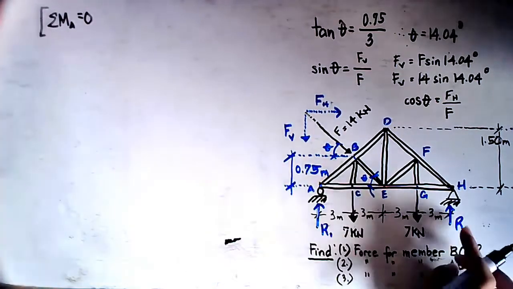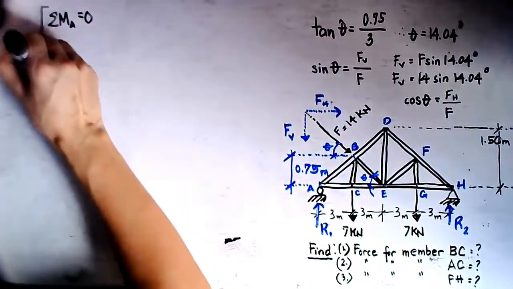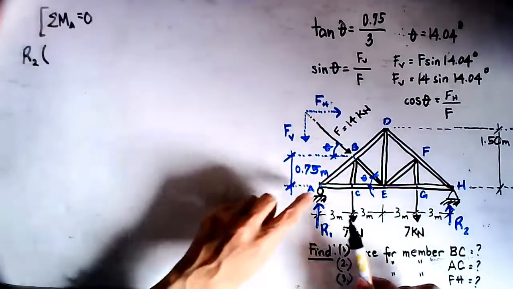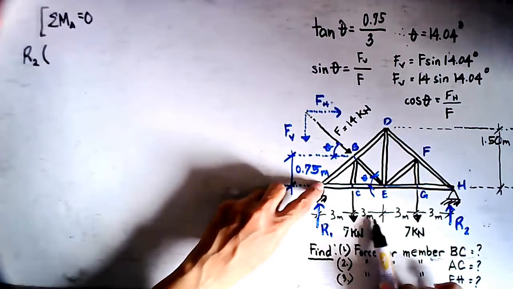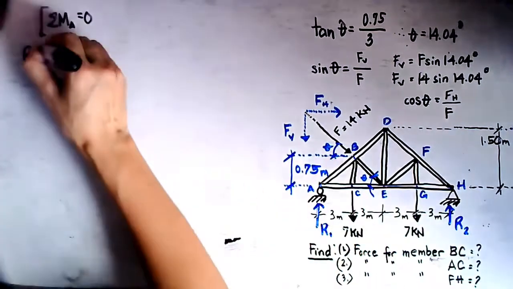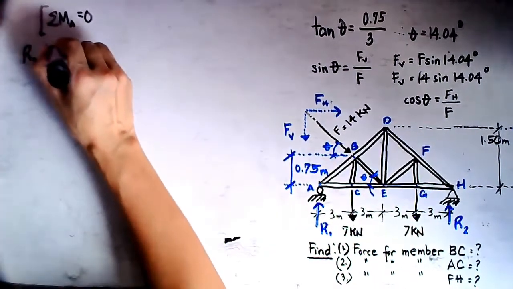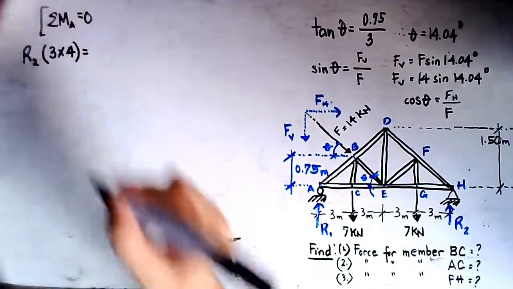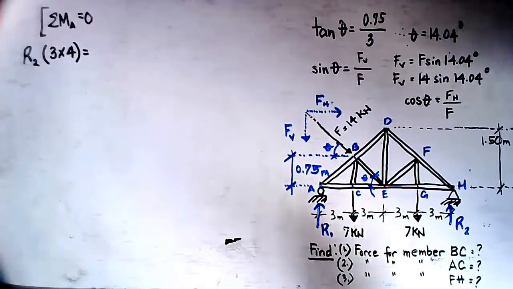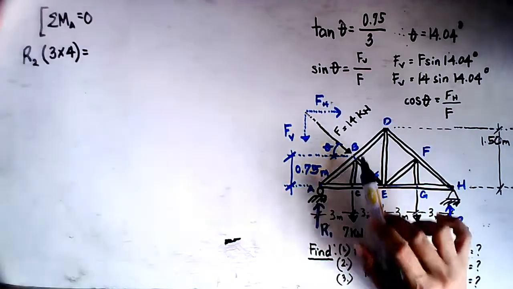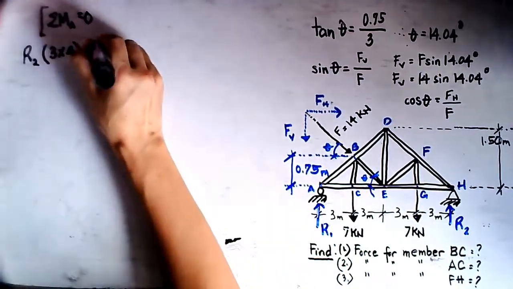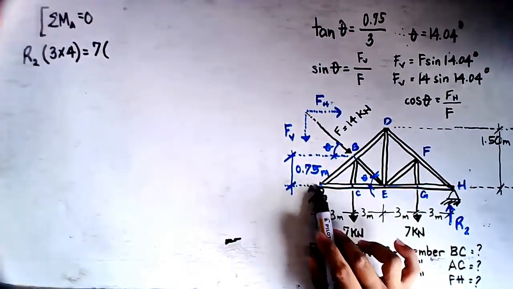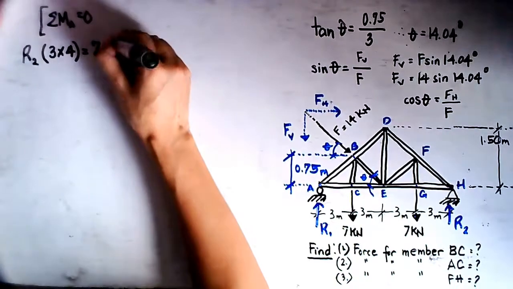We will be able to determine the value of R sub 2 by taking summation of moment at point A. R sub 2 has a perpendicular distance from point A of 3 plus 3 plus 3 plus 3, so that's 3 meters times 4. That would be equal to the 7 kilonewton, which is going in the opposite direction, multiplied by its distance from point A, that is 3 meters.